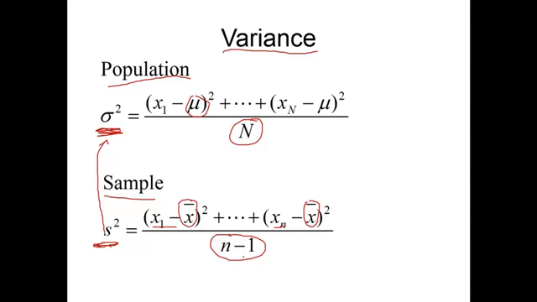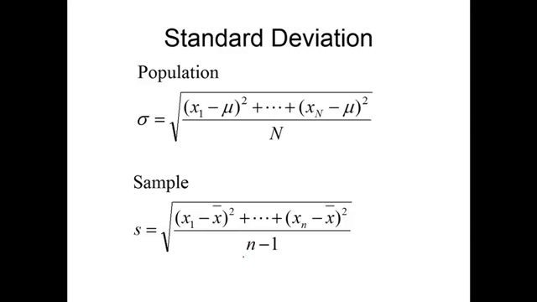Now in this course, we only use variance as a means to getting to standard deviation. The standard deviation is what we'll use, and we're going to work this to death. I mean, you will get sick of it.